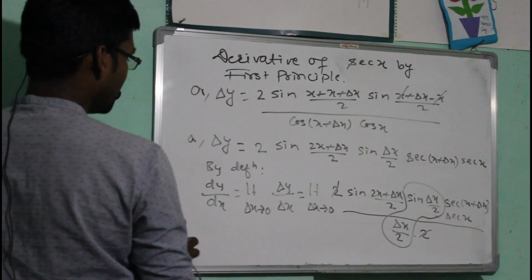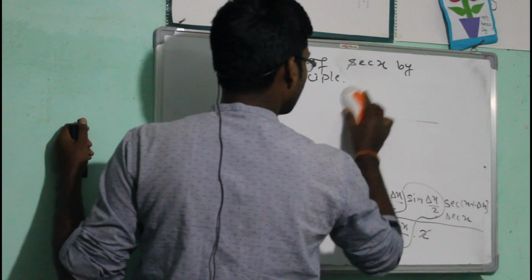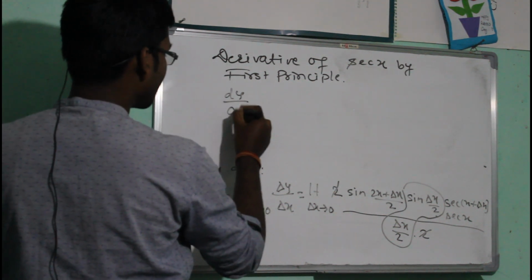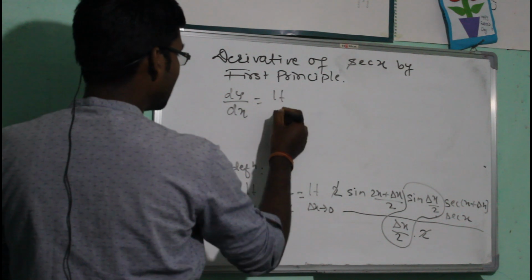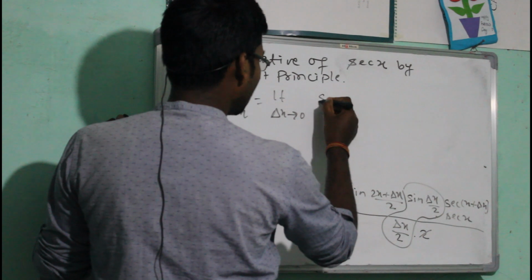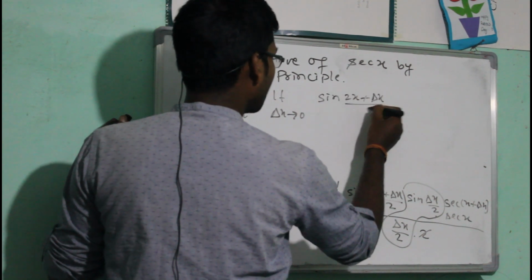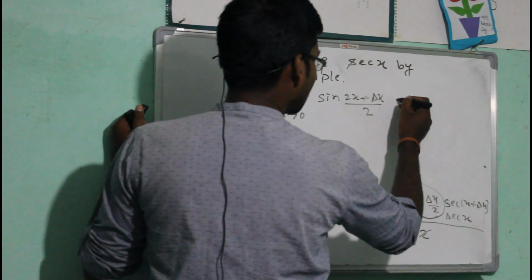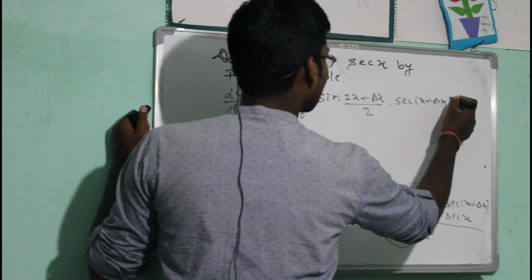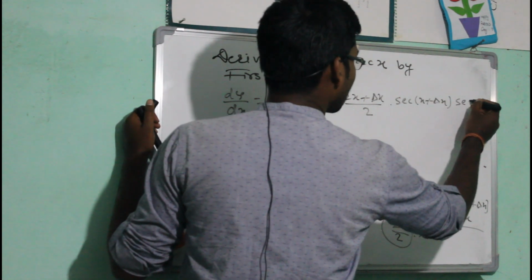So now the remaining part is dy by dx equals limit delta x tends to 0 of sine of (2x plus delta x) by 2, times sec(x plus delta x), and then sec x.